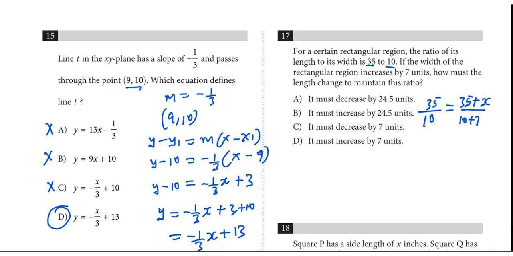Okay, so we can simplify this by dividing the 35 and 10 by 5, which will give us 7 over 2. So this will be equal to 35 plus X over 10 plus 7 is 17.